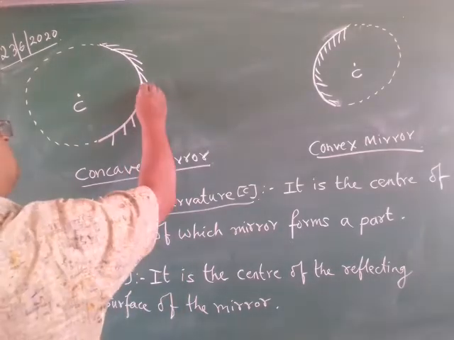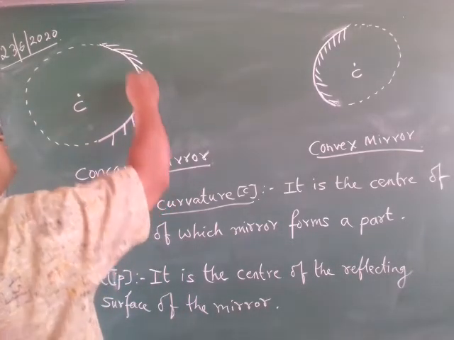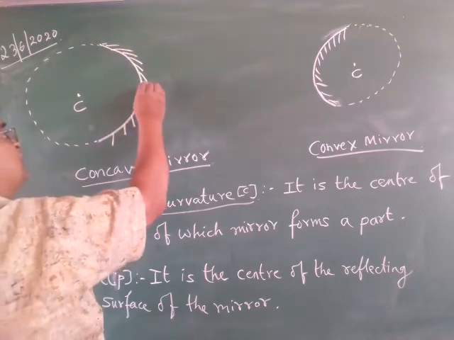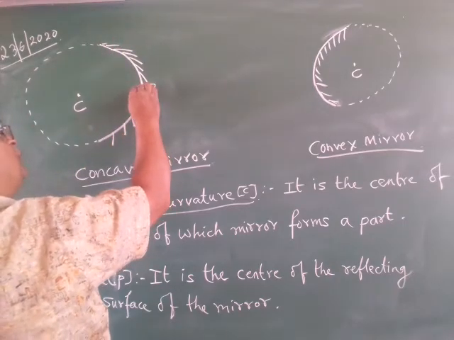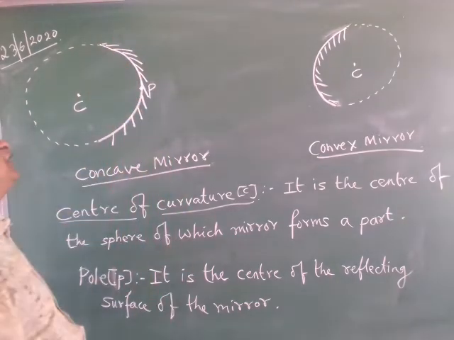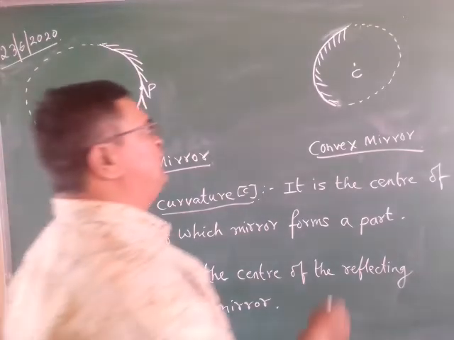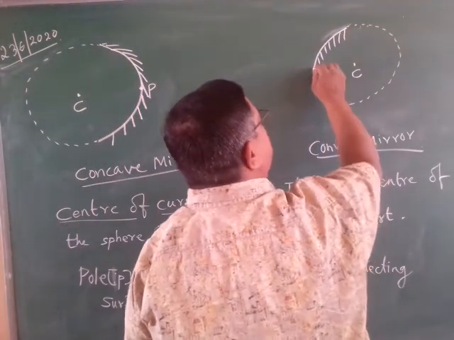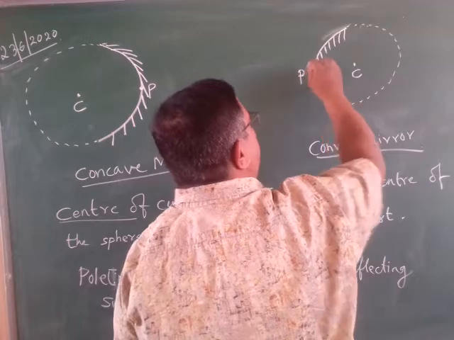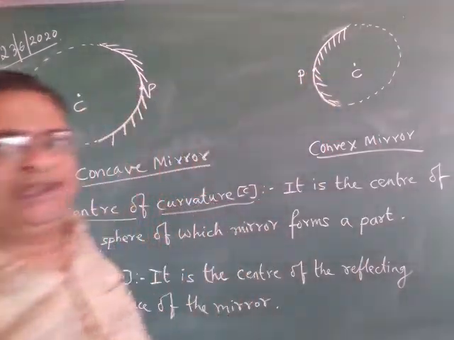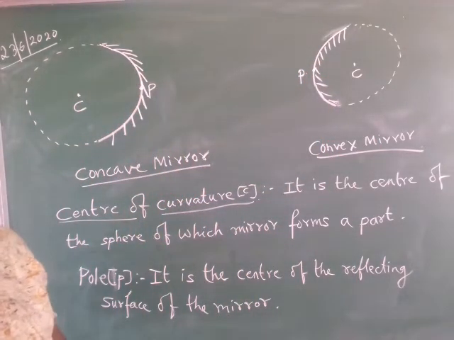So P is here. The center of the sphere is somewhere here. So pole is here for a concave mirror, and for a convex mirror also it lies here. Pole lies on the mirror.